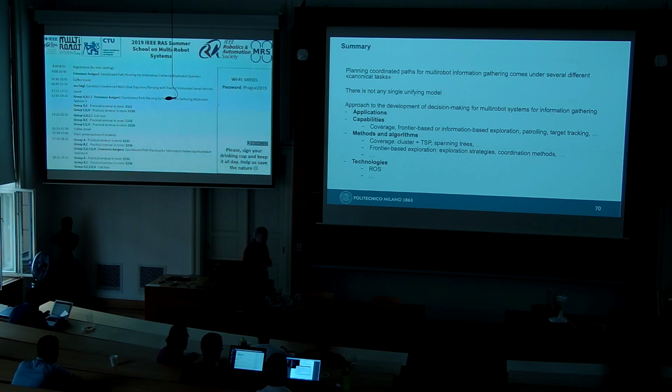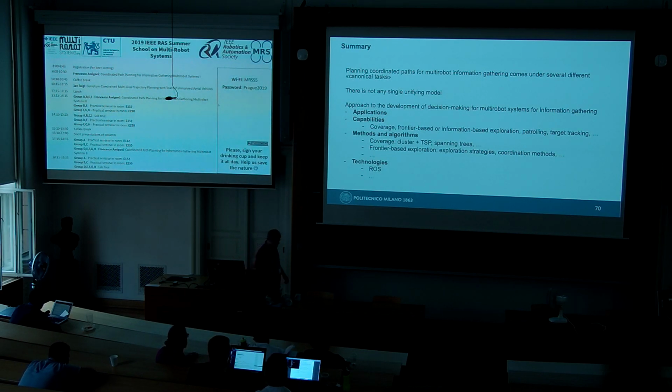And so what is a good approach for developing a decision-making method for multi-robot systems employed in information gathering tasks? So this is my suggestion and my approach. So you start from knowing an application, and then after you have studied an application, you can come up with which capabilities you need your robots to exhibit for addressing this application here.